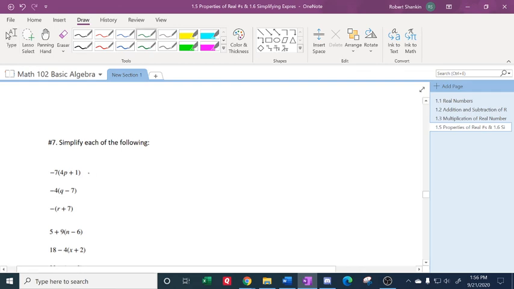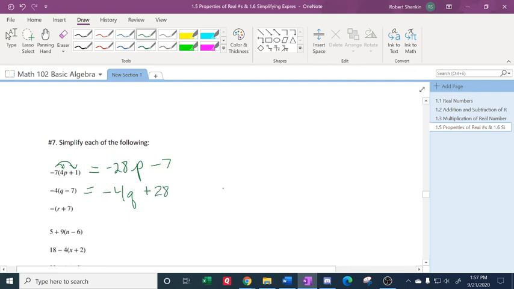Alright, let's go to this first one. We distribute. When we distribute this next one, negative 4q, it's minus and a minus. It's plus 28.